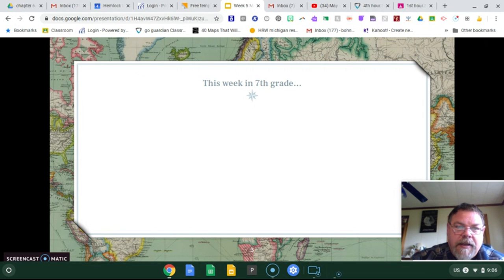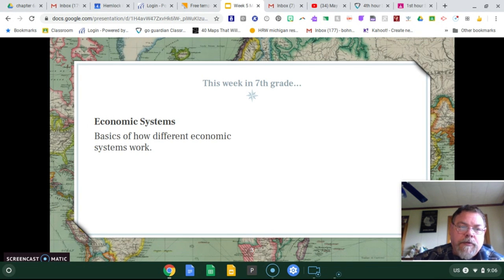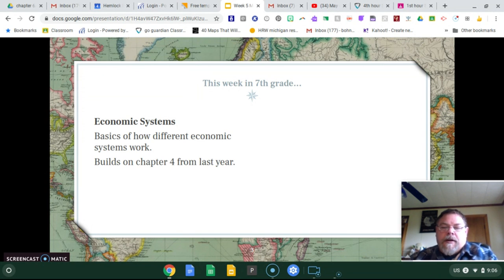So check that out. This week in 7th grade, economic systems we're going to be looking at. Some of this should look like a little bit of a review. We're going to look at the basics of how different economic systems work. If that sounds familiar, it's because it builds on chapter 4 from last year in 6th grade. We talked about some of these things.